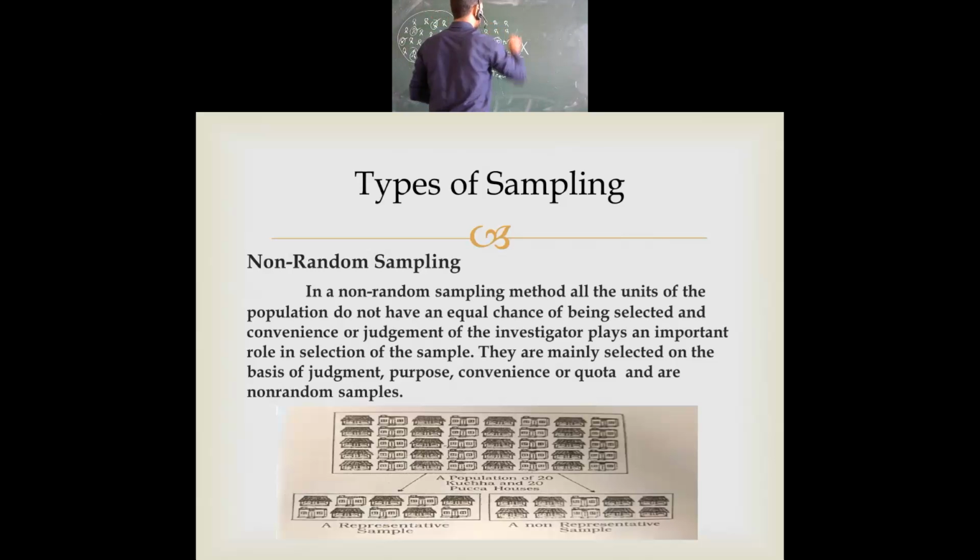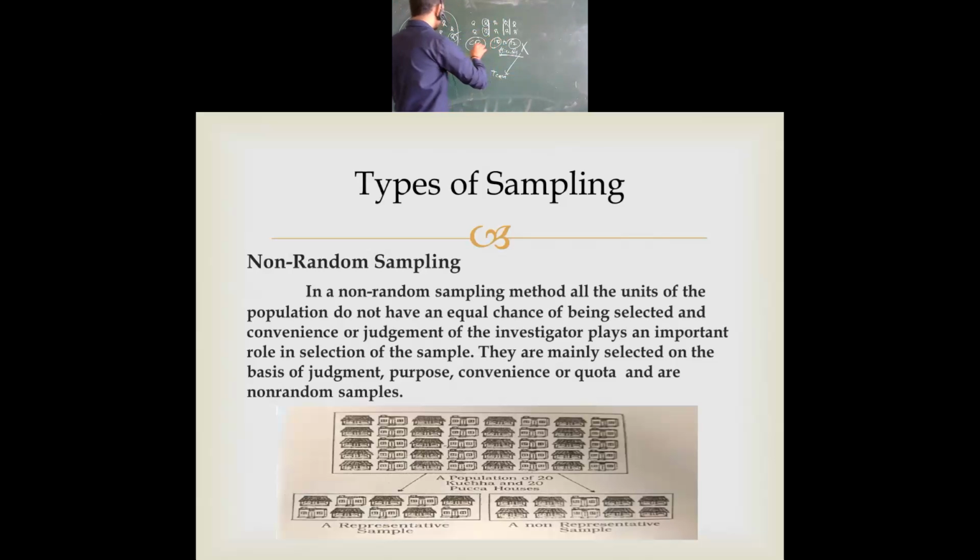Just like this, this person is known to me and even this person is known to me. I collect this information. Now this person is known to me. I collect this information. Influence basis. This kind of thing we call non-random sampling.